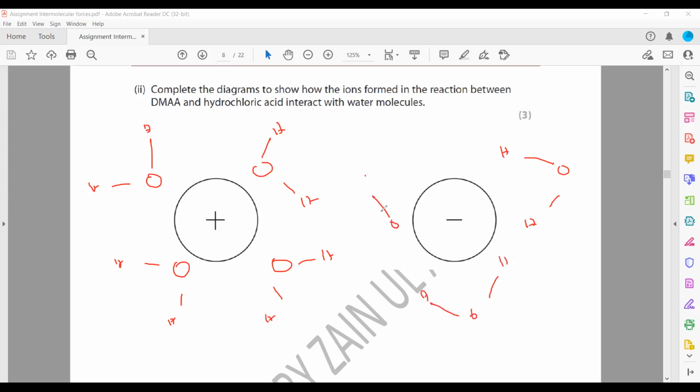You have to show the charge on them. This will be partial positive, not full positive. Hydrogen is partial positive, oxygen partial negative, and in the same way, oxygen is partial negative, hydrogen partial positive.